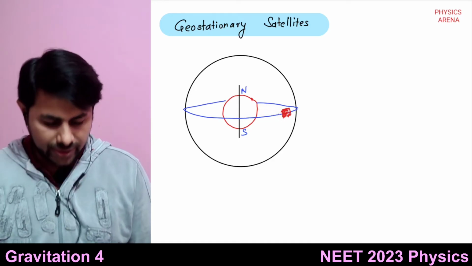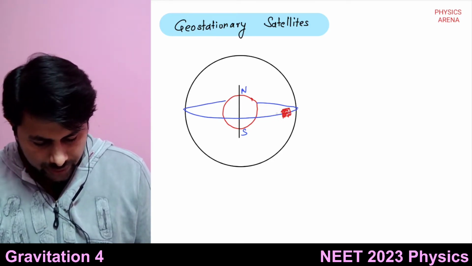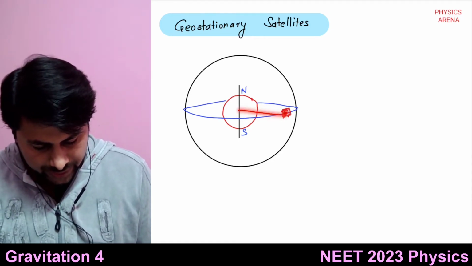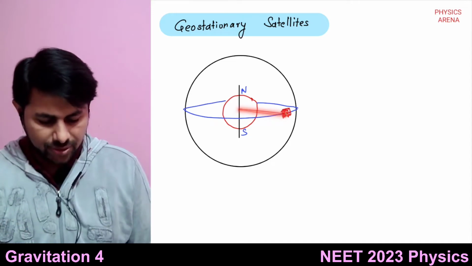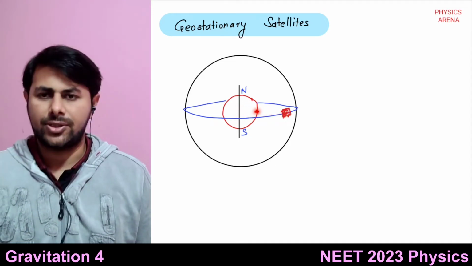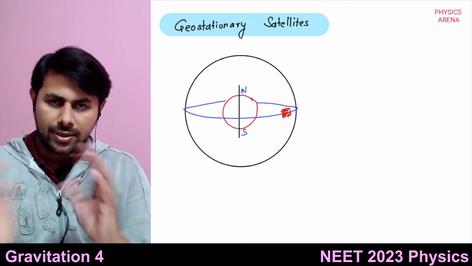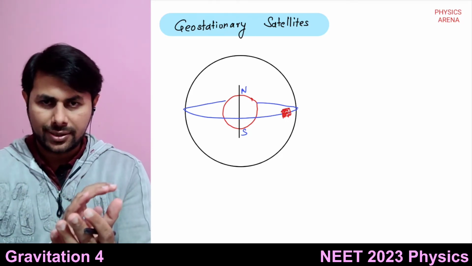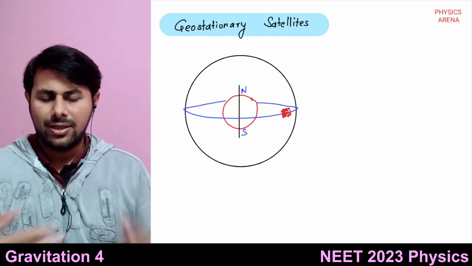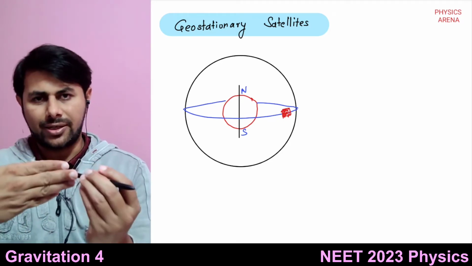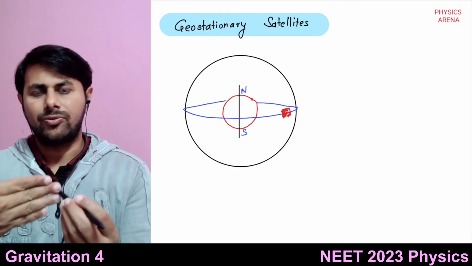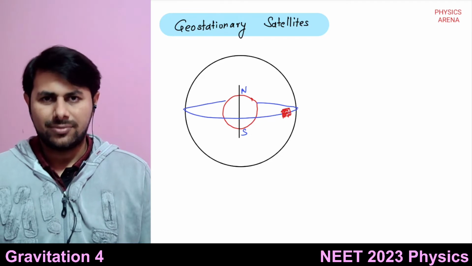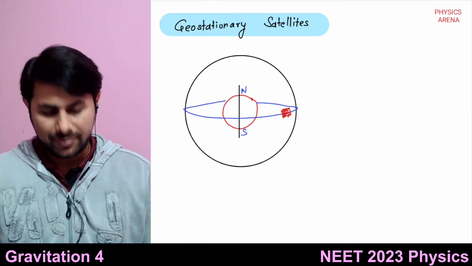Suppose it remains fixed with respect to, if I join the center of Earth and center of satellite, this position. Then Earth rotates with some angle, and that satellite must move with the same angle, right, in the same amount of time.